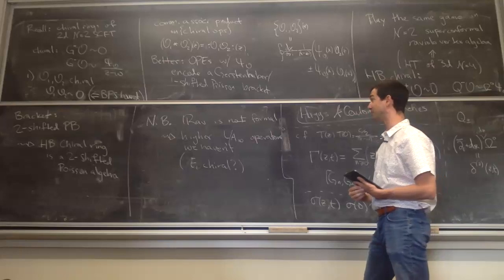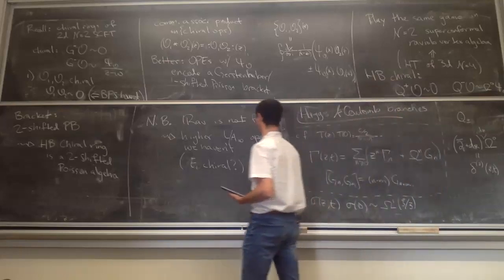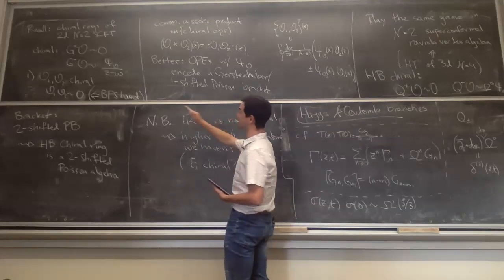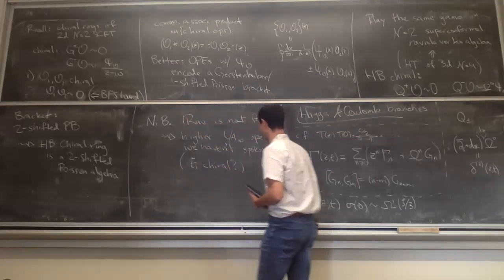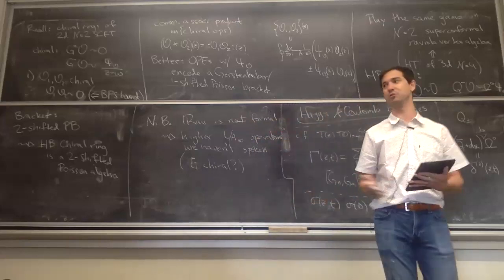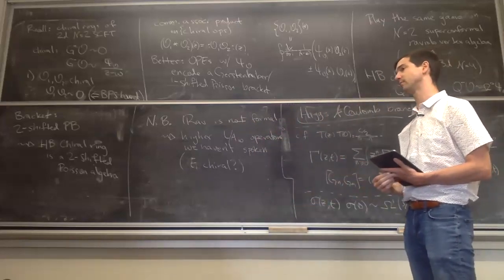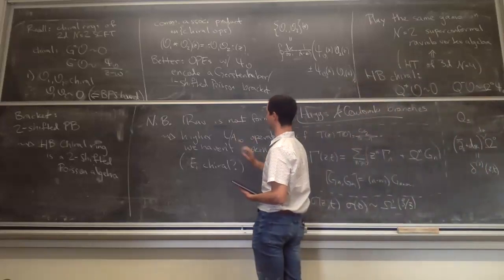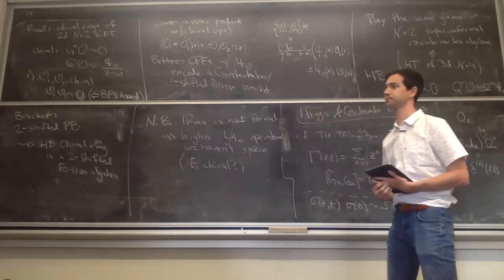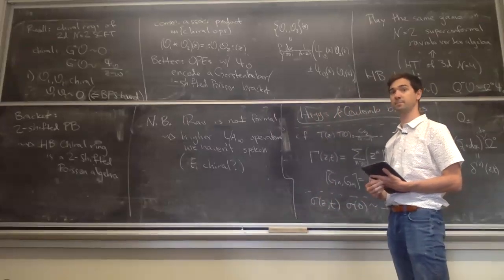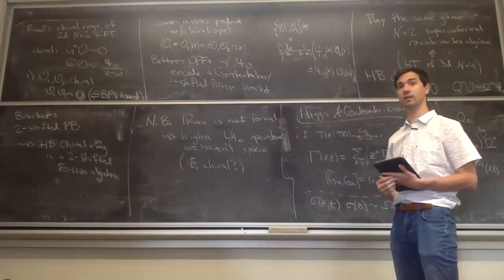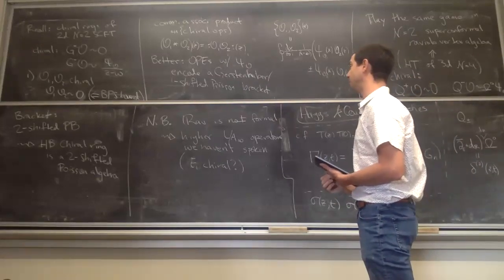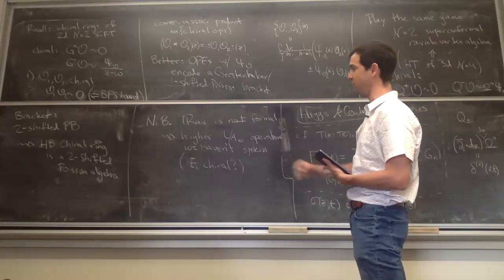And we have a chain level version of the mode expansion, but we weren't able to come up with a chain level version of the associativity axiom. And that's the thing that you would really need to be able to access these L infinity things. We have vague ideas of what we should be aiming for.